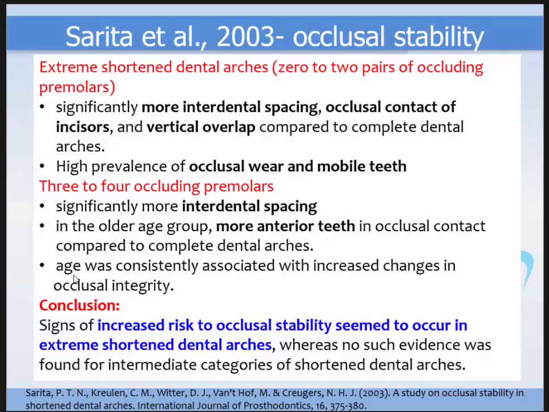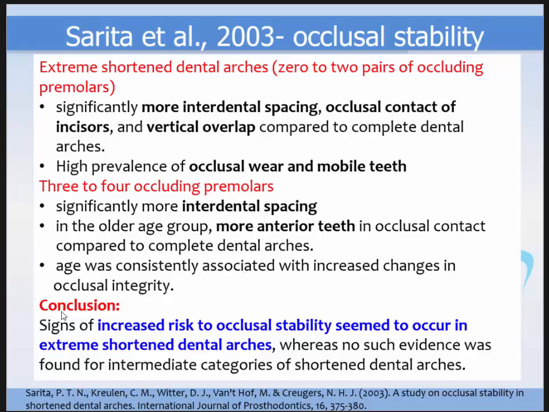So age is consistently associated with increased changes in the occlusal integrity. Which means in a younger patient, the occlusal integrity was okay or better, and as patients get older, they have more changes in the occlusal integrity.